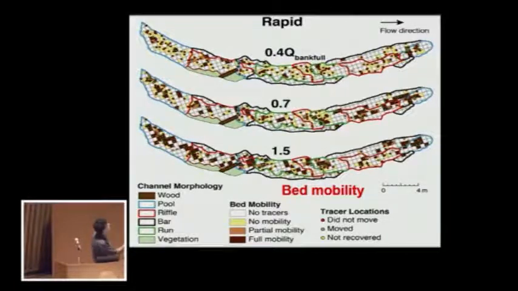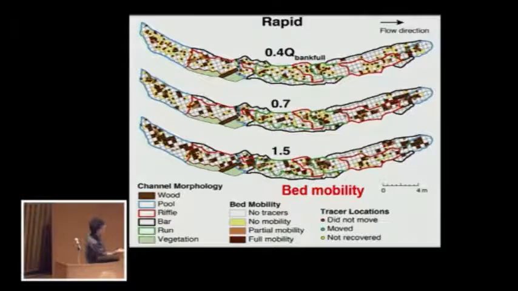What we see at 0.4 of bankfull discharge, roughly half, is that quite a lot of the rapid channel remains with either partial mobility or no mobility. If you look carefully, there are a lot of grey stones, which means they did not move. Very few of them experience full mobility, and they were located, as you can see, in certain places. As the flow increases, more cells experience full mobility, but still quite a lot have partial or no mobility.